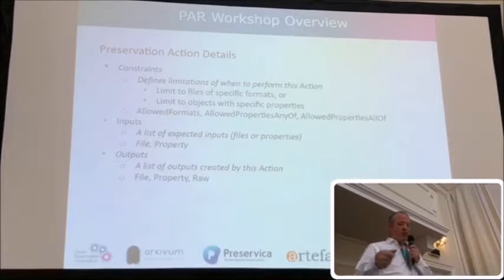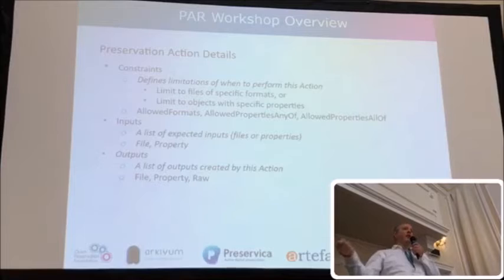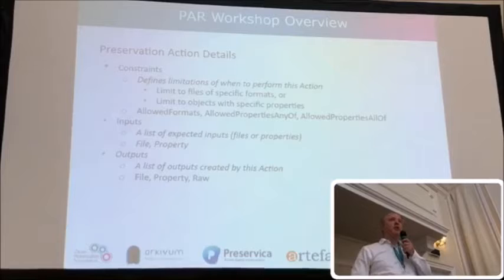Or as Paul mentioned, sometimes it's more useful to describe preservation actions related to some form of intellectual entity rather than to a particular file. So you may say that this preservation action applies when this is a research data set, or when it is a book, or when it is content that came from a particular department within your institution, any potential property that you might want to define for when this preservation action should be applied.